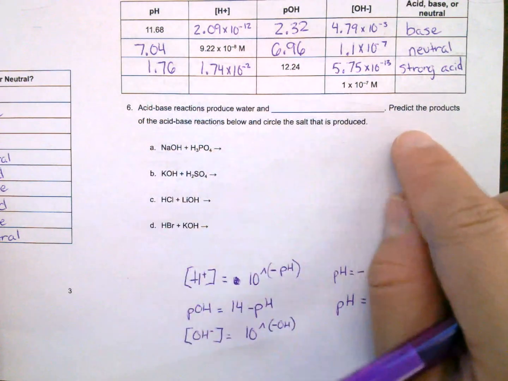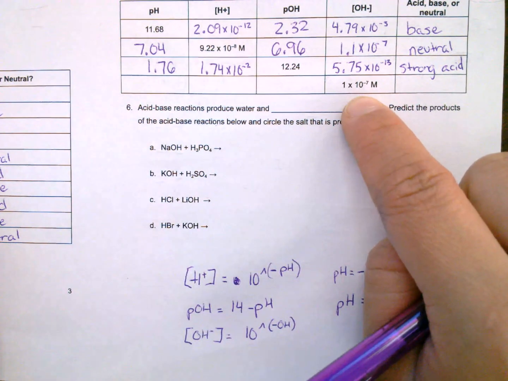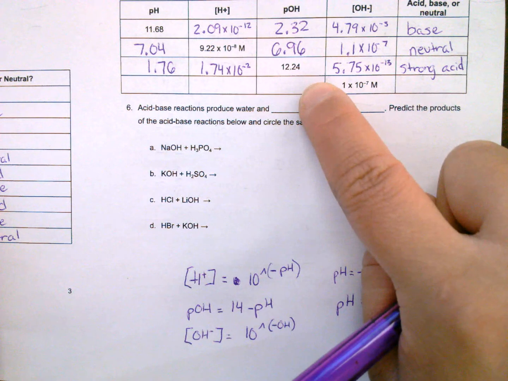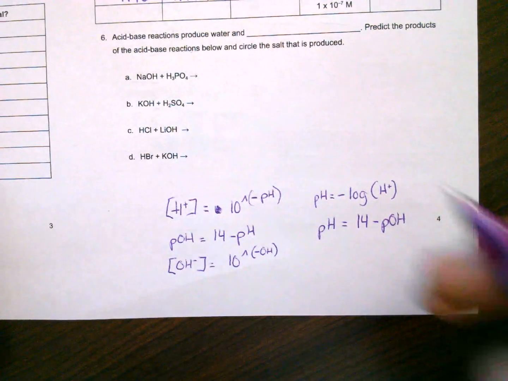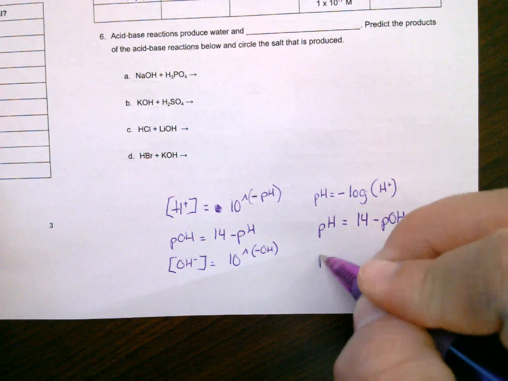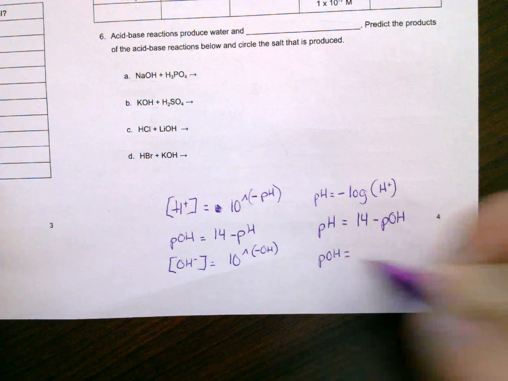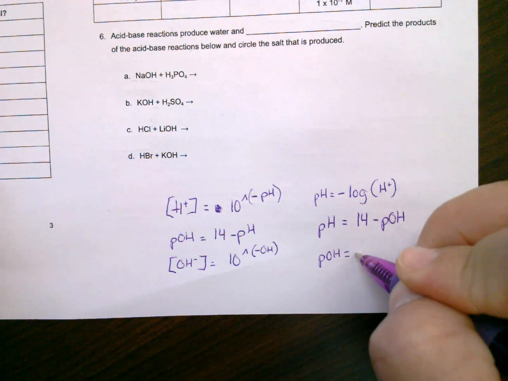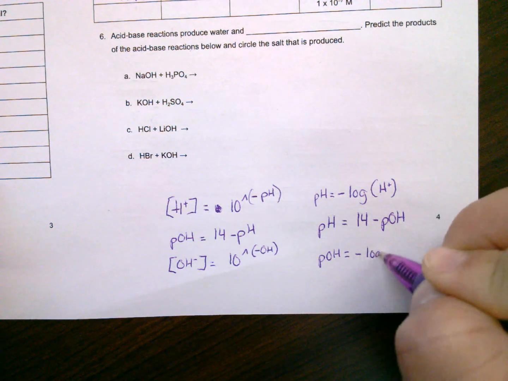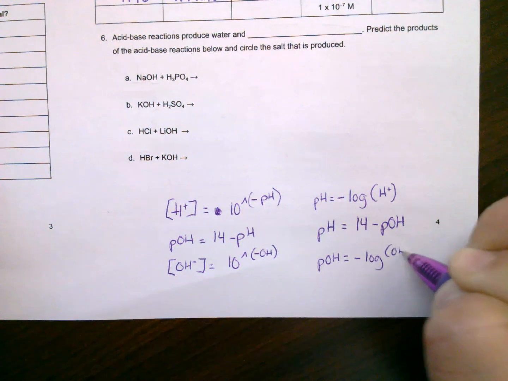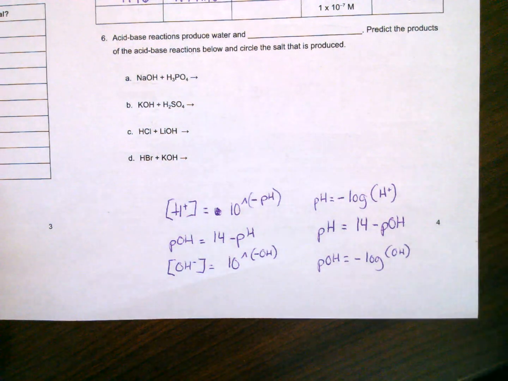All right, the next example, the last one here in this data table, we're given our OH concentration. So we're going to work backwards to find the pOH. The formula for that is negative log OH.